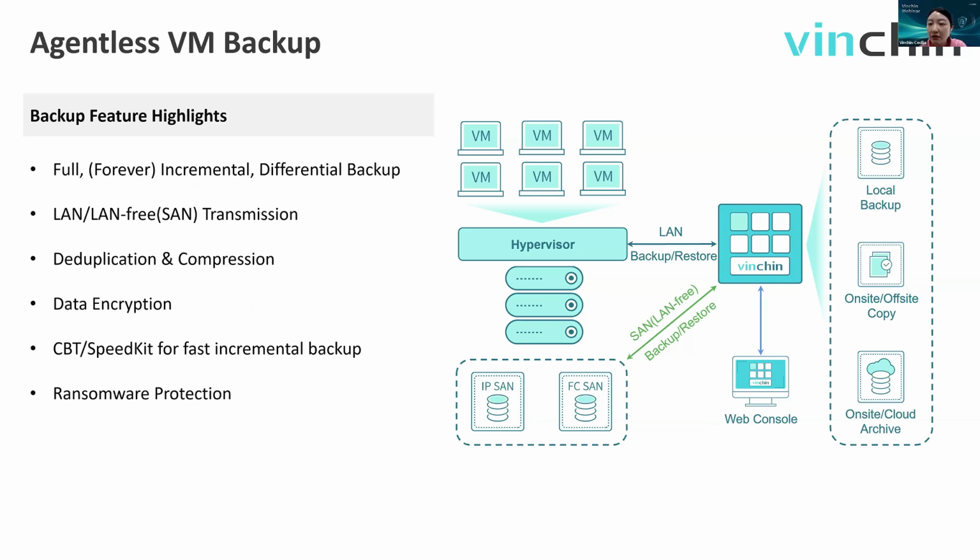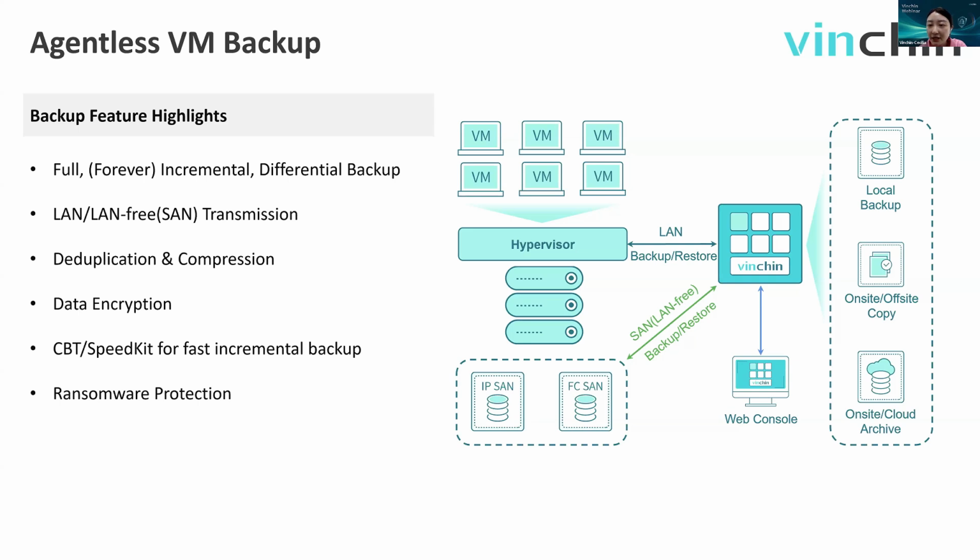For example, Vinchin supports both LAN and LAN-free transmission, and we also support hot add transmission for VMware and image I/O transmission for oVirt and OLVM virtualizations to increase the transmission speed to a great extent.